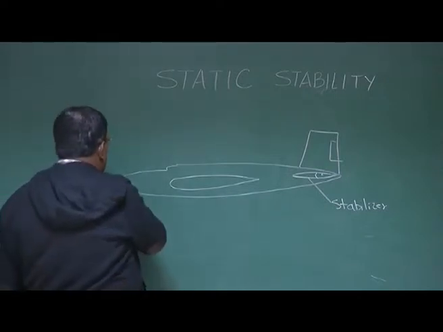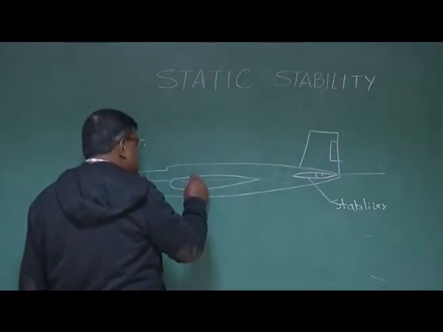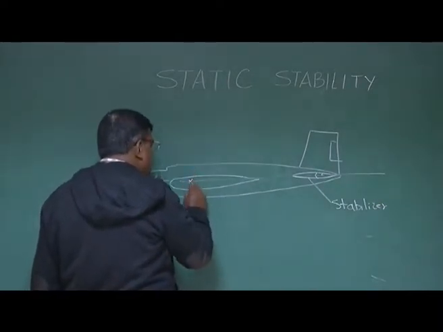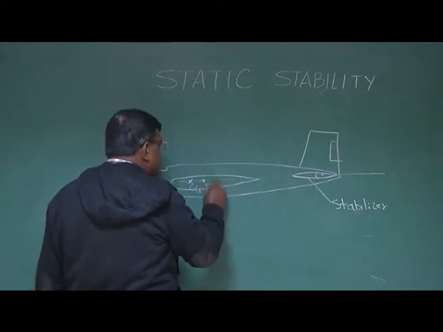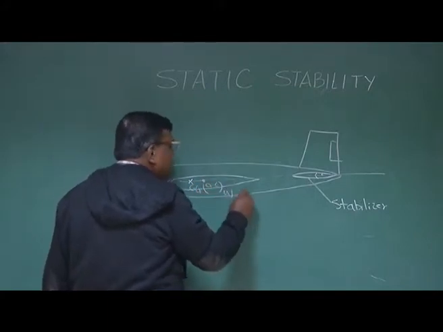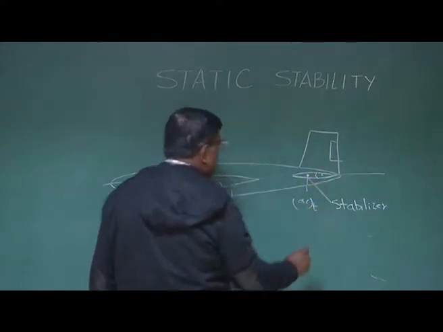So now if I draw a configuration like this, and let's say the CG of the airplane is here, and the aerodynamic center of the wing is here, and the aerodynamic center of the tail is here.